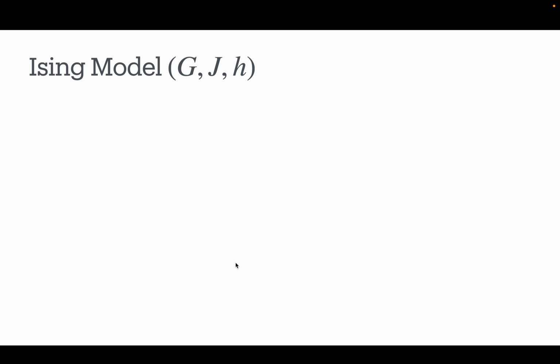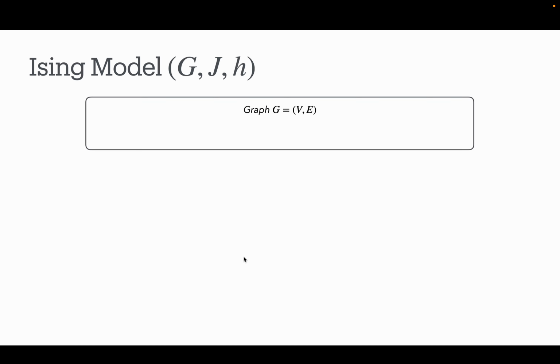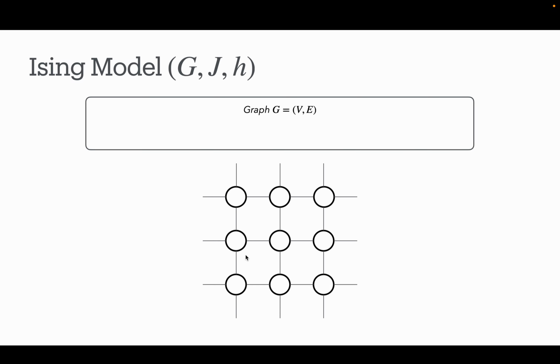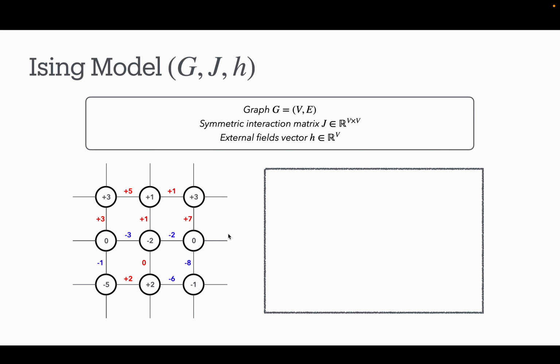Let's set up the notation quickly. An Ising model is specified by a graph G equals (V, E), a symmetric interaction matrix J on every edge, and an external field vector H on every vertex.